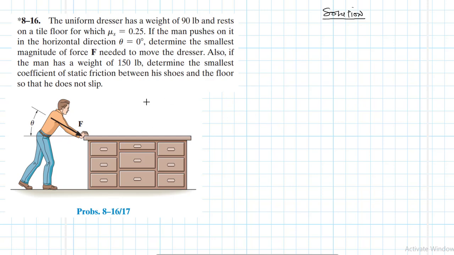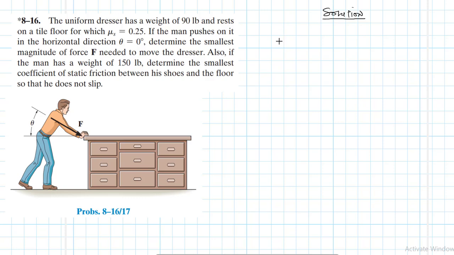Part 2 is a continuation where we are determining the smallest coefficient of static friction. So let's start with the smallest magnitude of force F needed to move the dresser.